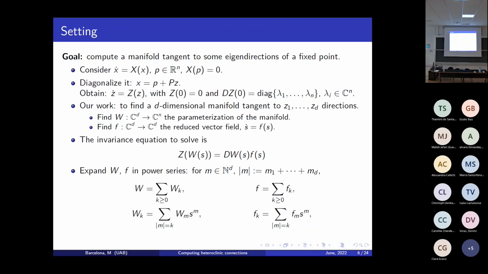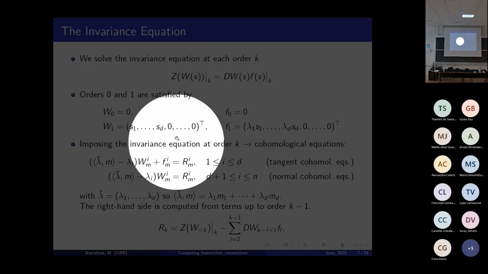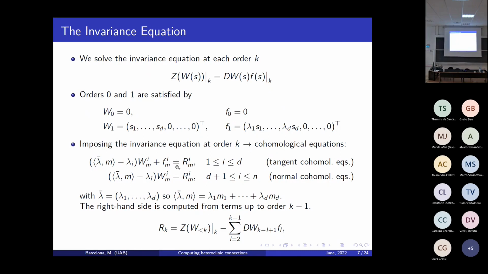So we solve this invariance equation order by order. The first two orders are satisfied by our initial conditions in order to contain the fixed point and to be tangent to the eigendirections that we want our manifold to be tangent to. The rest of the orders can be solved by solving the cohomological equations, which are these ones, where the first one is the tangent part, and the second one is the normal one.